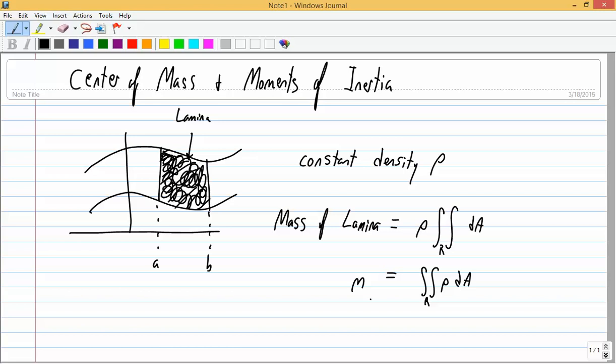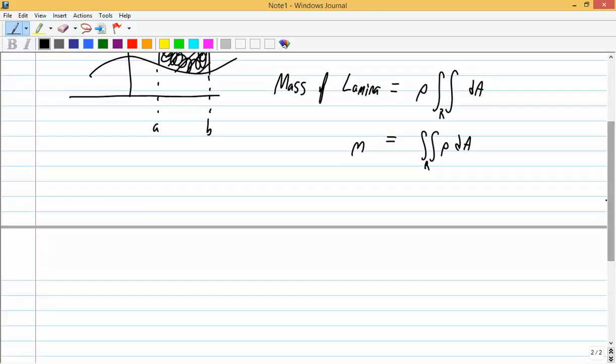So the only difference is, instead of rho just being a constant, you actually have a function, rho of x, y, okay?